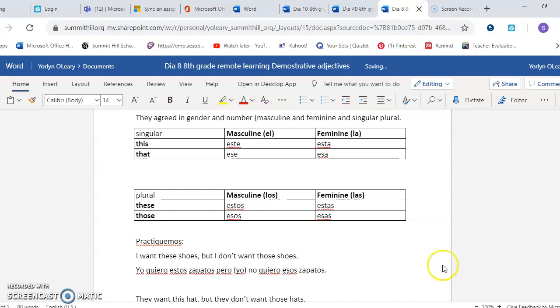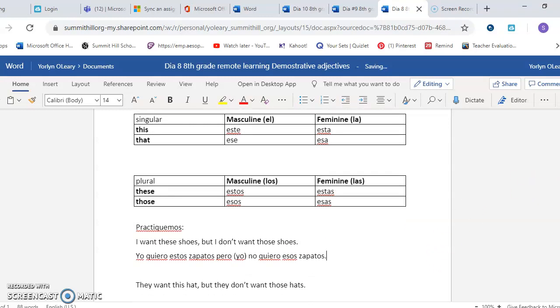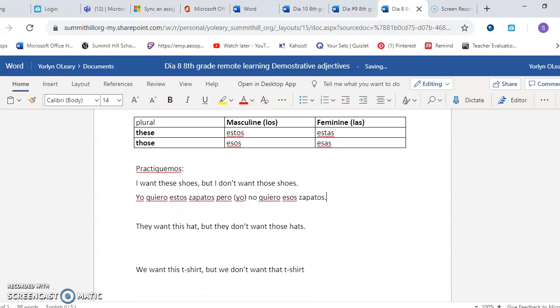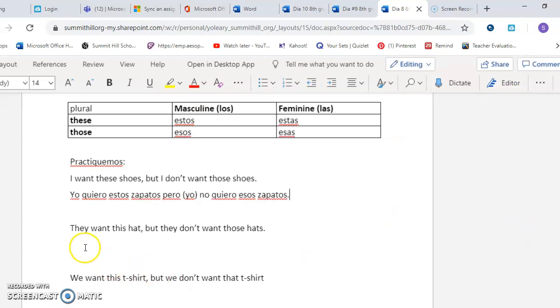All right? So pretty much you have to look at the noun to see what gender and what number. It says they want this hat. So let's do it step by step. They will be ellos. Want will be quieren. Right? Then it says this. But then you need to figure out how you say hat in Spanish.